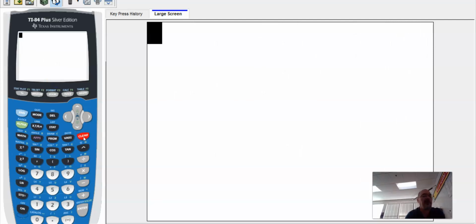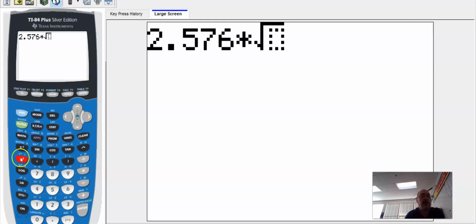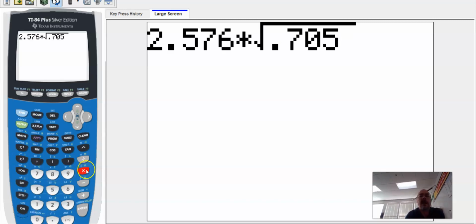To find the margin of error, I'm going to take the 2.576 and multiply that by the square root of the 0.705 times, notice I am not using parentheses inside, I'm just using the times sign.